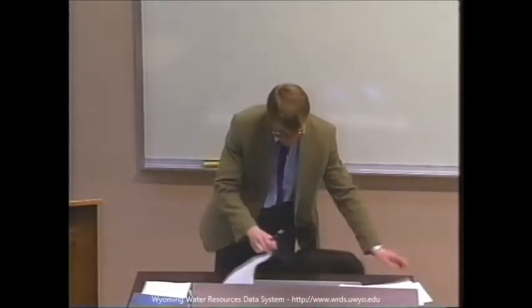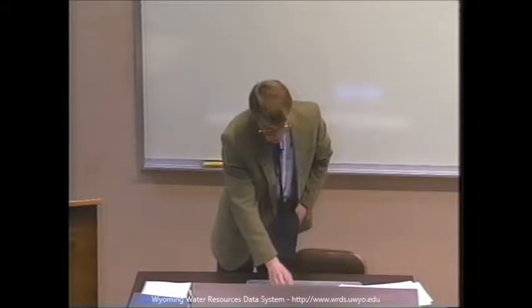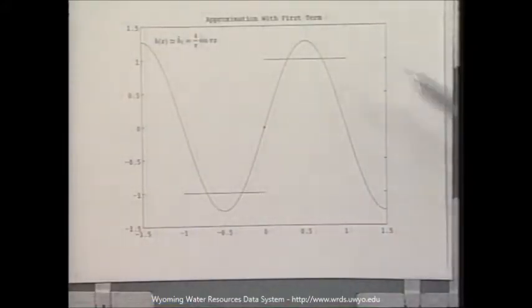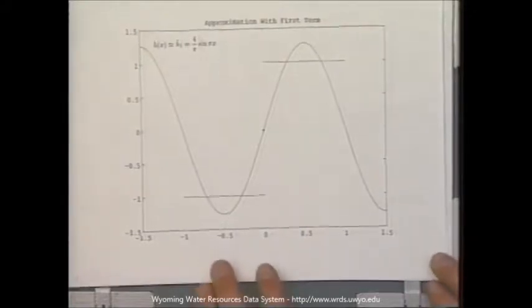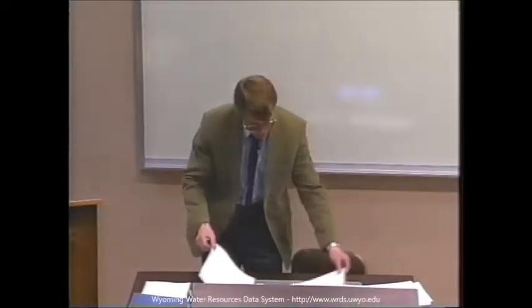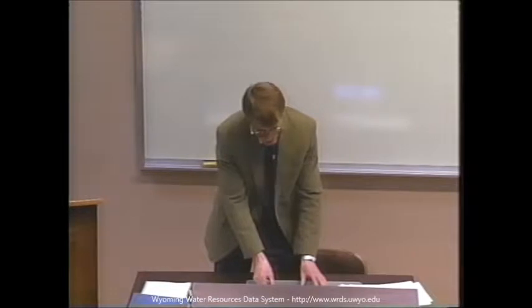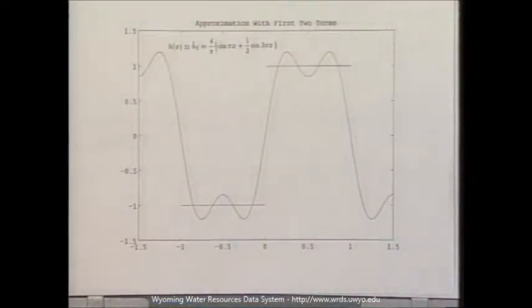For instance, here's this function again, minus 1 and 1. And I'm going to approximate this particular function with just one term in the Fourier series. If I wanted to get more accurate, I would just continue to add more terms. This is with two non-zero terms.